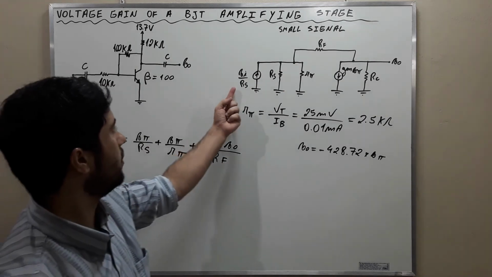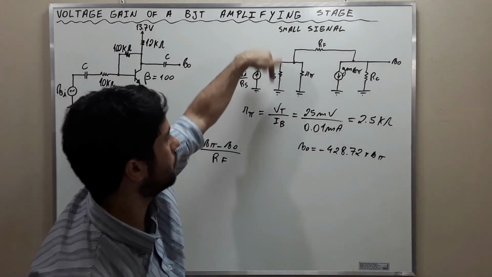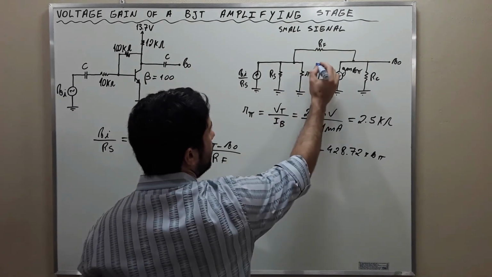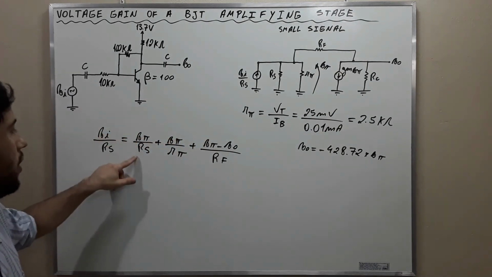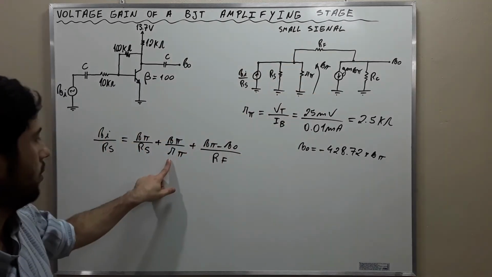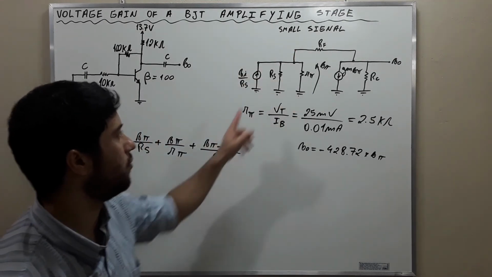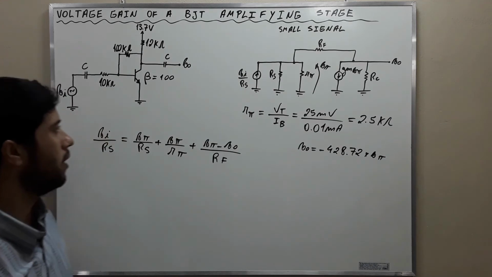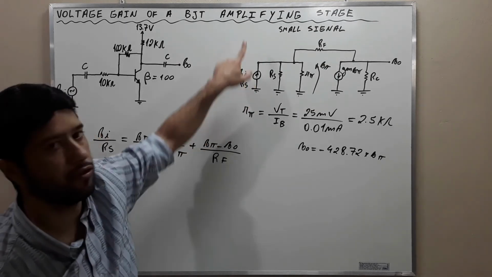Okay? The current that goes up here is equal to the current that goes down here, which is V pi. V pi over RS is this current here. V pi over R pi is the current that goes down here. And V pi minus VO over RF is the current that goes in that direction there. And the sum of these currents has to be equal to the current of this current source here, okay?